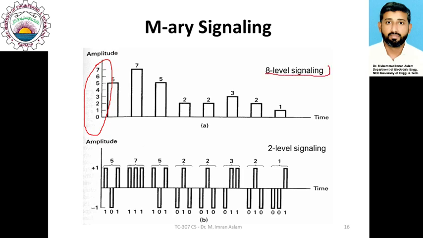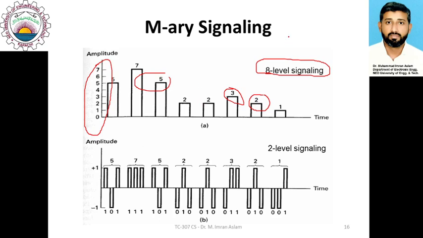So this is 8-level signaling, or 8-ary signaling, because we are using 8 different pulses, and each pulse is determined by its different amplitude. Pulses do not have the same amplitude, rather they are defined by different amplitudes. So this is 2, this is 5 and 7. So we have different amplitudes to represent different information.